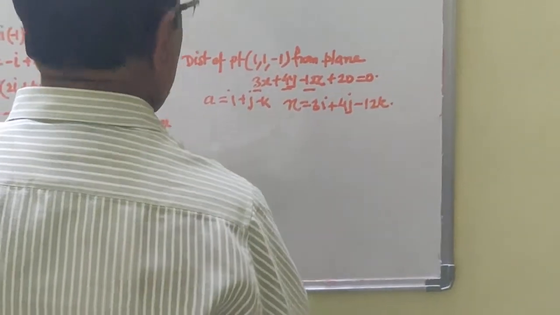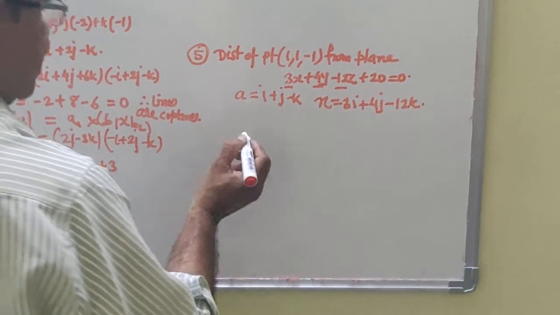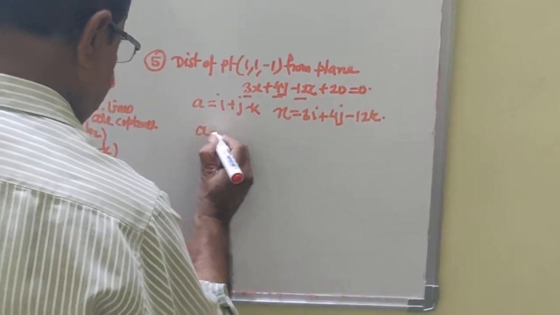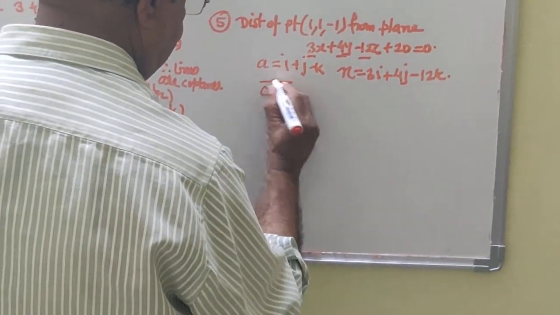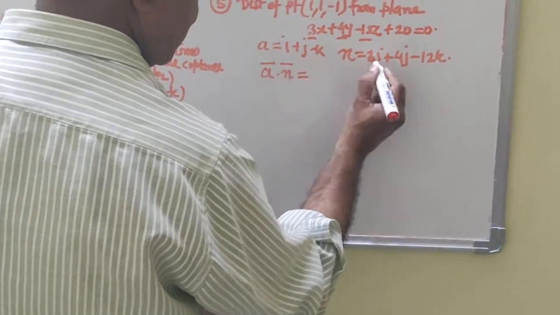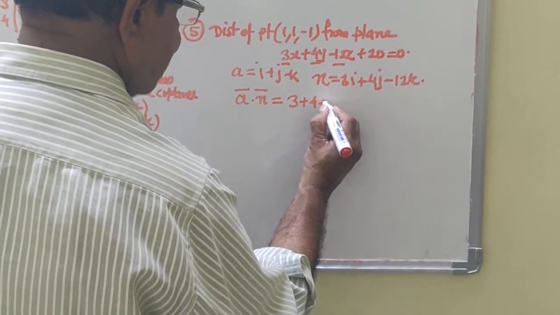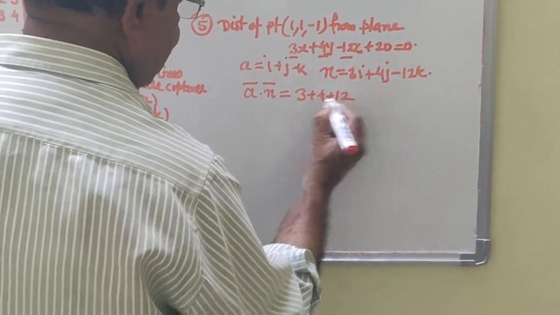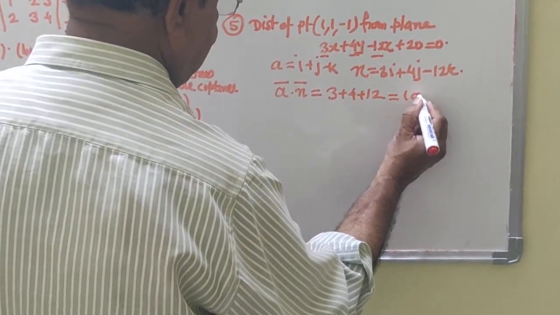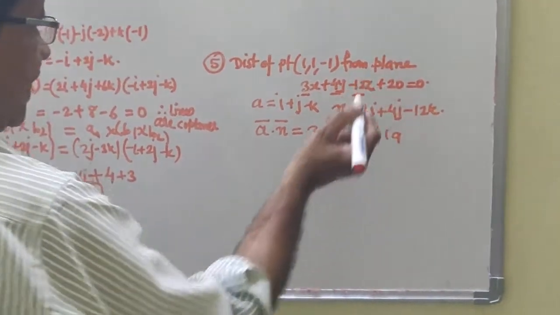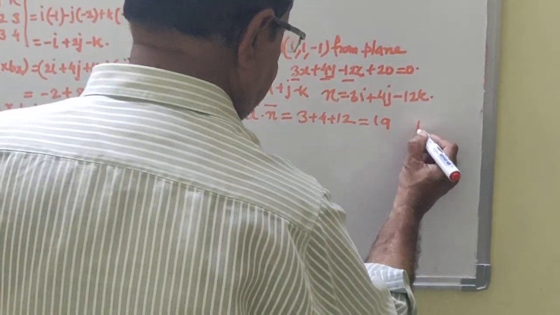Now what will I find out first? a dot n. 3 times 1 is 3, 4 times 1 is 4, plus 12, 19 will come here. What is the value of p? It is equal to 20.